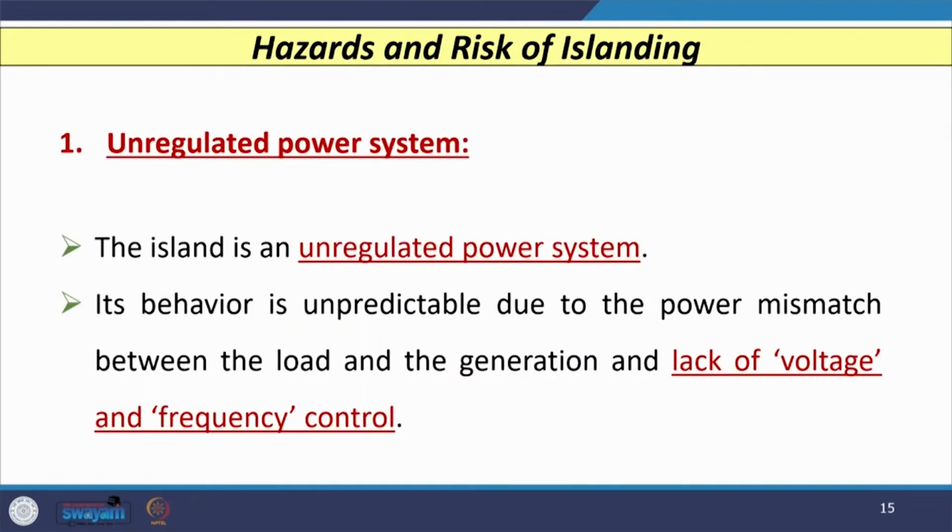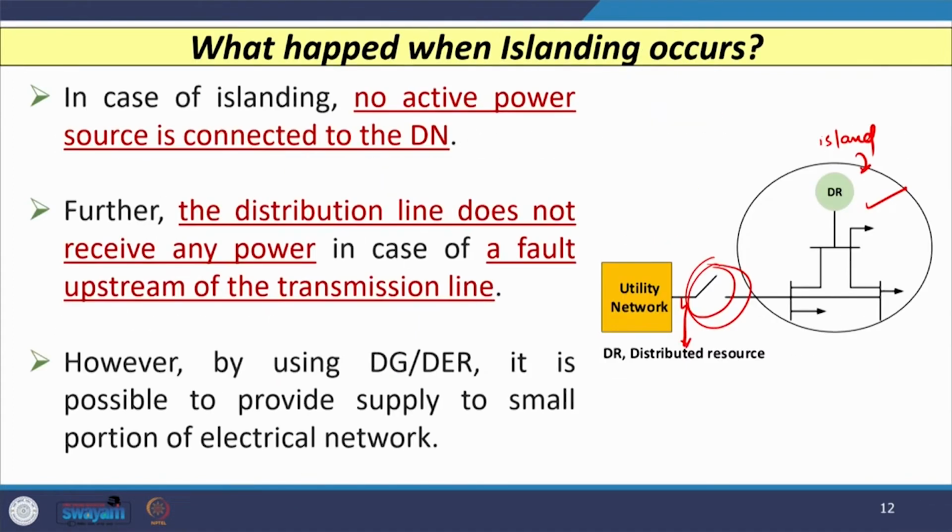So, the first issue is the unregulated power system. We know that whenever an island is formed, if I consider that this is an island, then this system is not regulated. When this switch is closed, there is no island, and the voltage and frequency of the entire network is controlled by the utility.